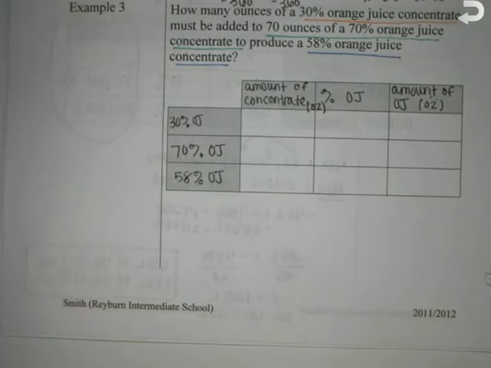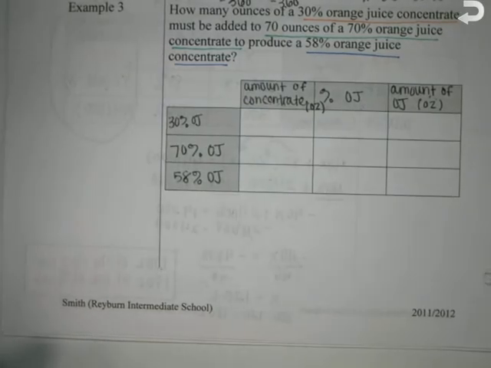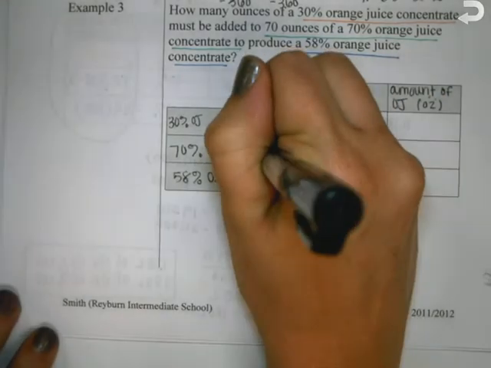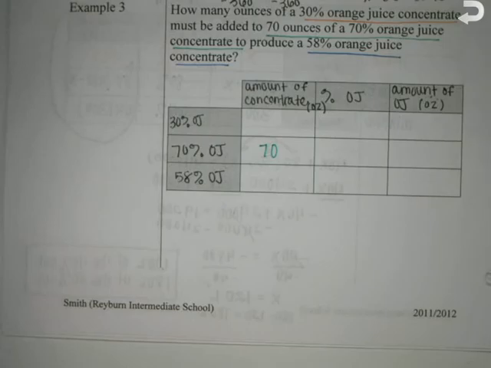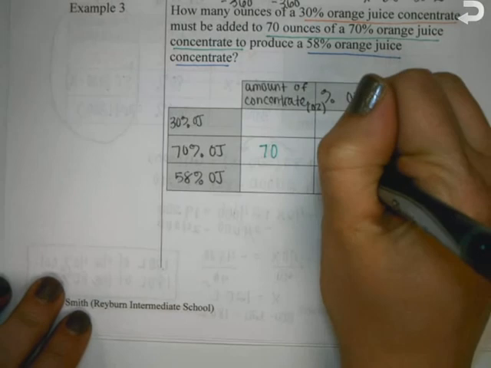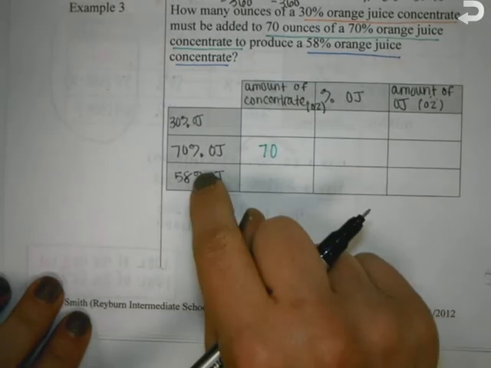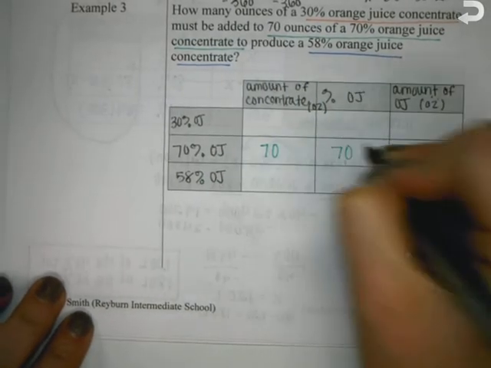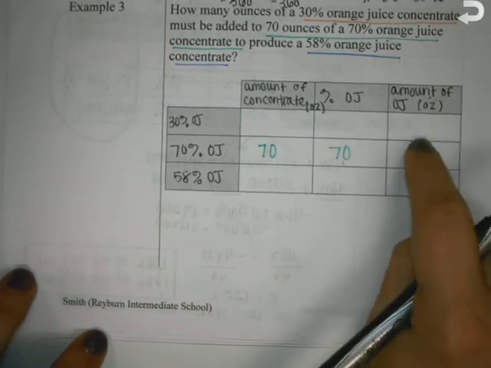How many ounces of the 70% concentrate do I know I have? 70. Okay. What percentage of orange juice is in that concentrate? 70. So how much orange juice is in 70 ounces of a 70% concentrate? 70 times 70, right?